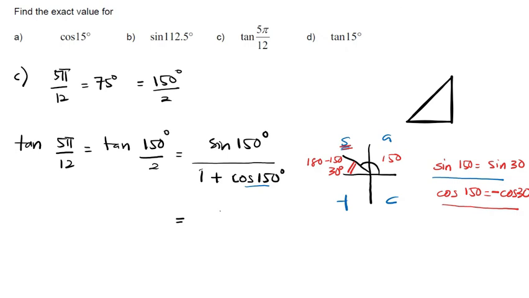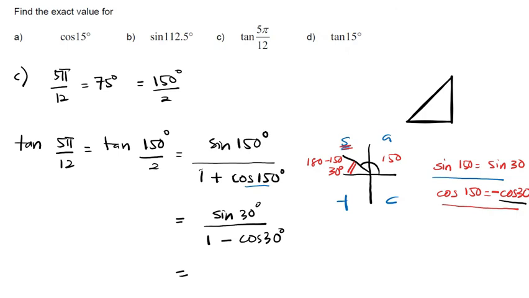So we have sine 30 degree divided with 1 minus, because we have negative cos 30 here, minus cos 30 degree, and we find the value.